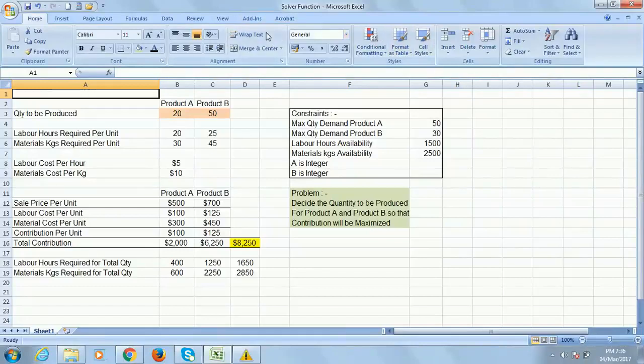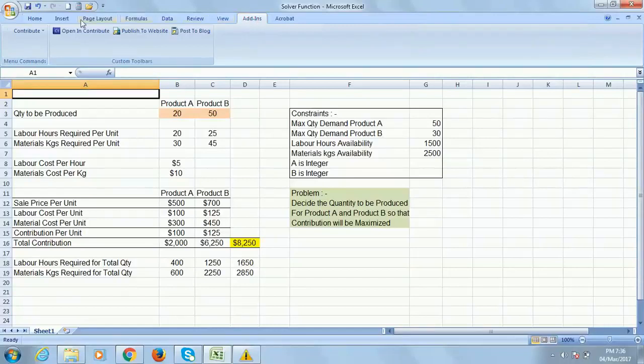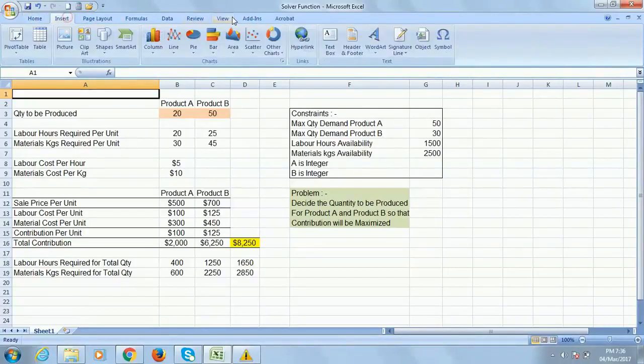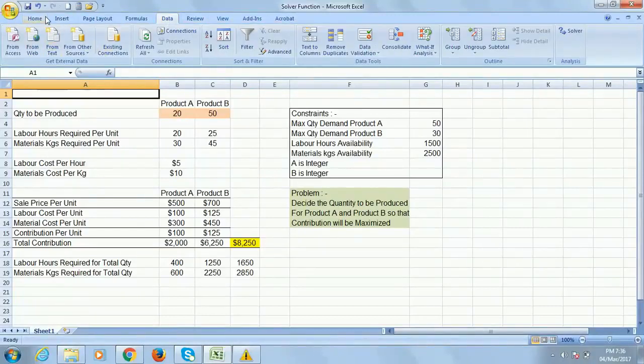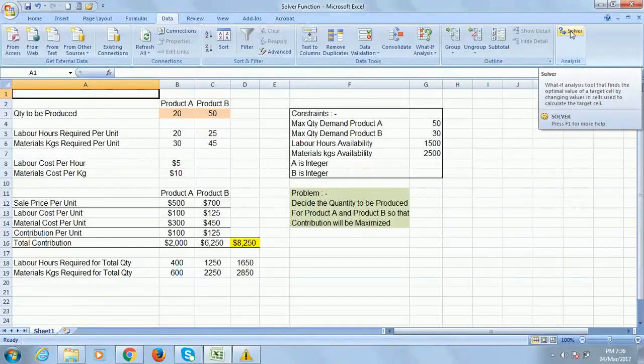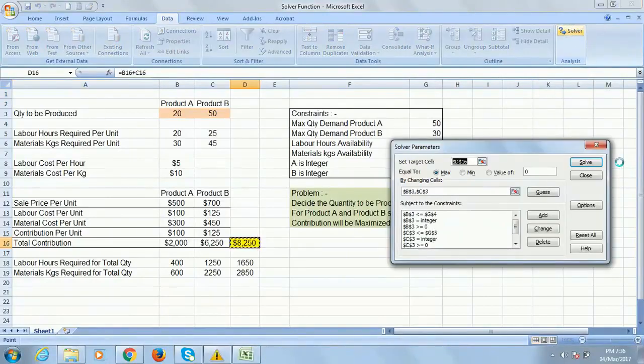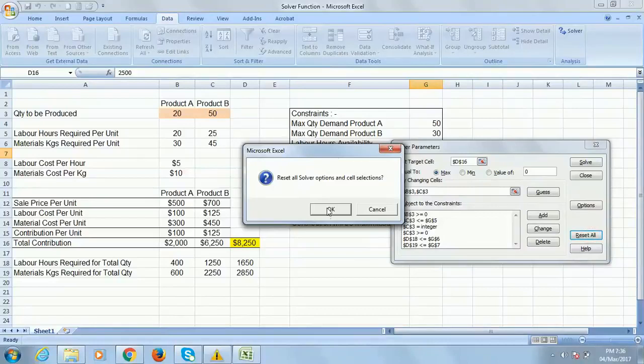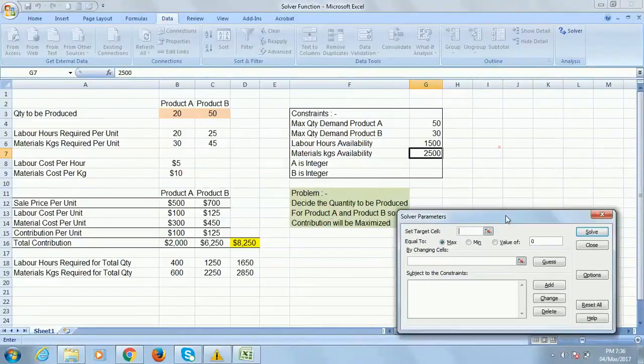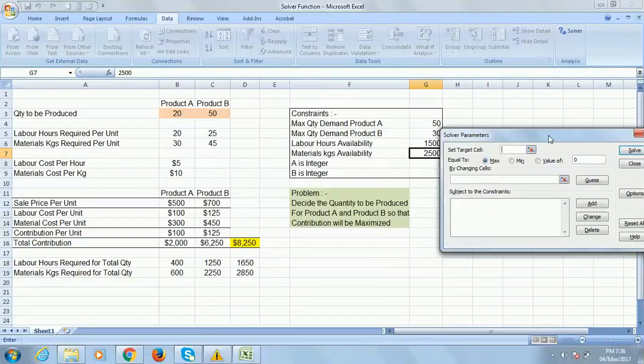So how exactly to do that? Simply go to Data and click on Solver. Now I'll delete all these things. Let's start from the beginning.